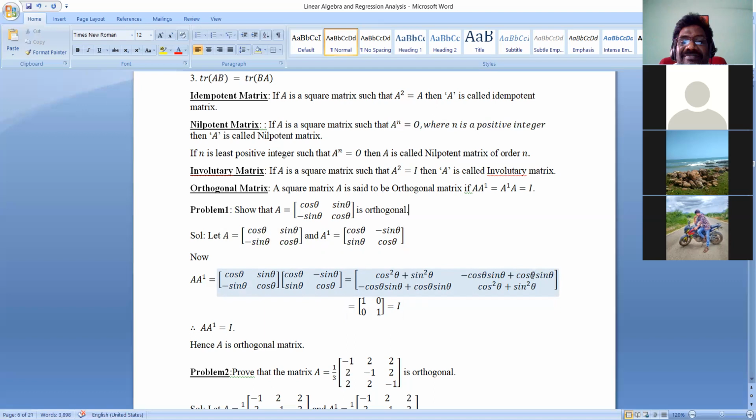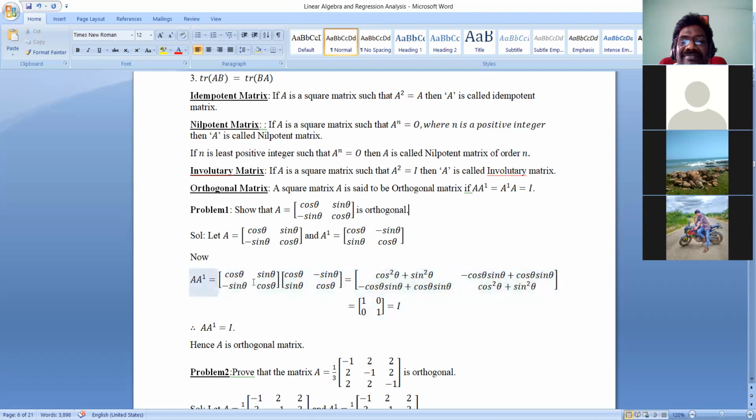In the same way, multiplying the second row of the first matrix with the columns of the second matrix: minus sin theta into cos theta plus cos theta into sin theta, that is minus cos theta sin theta plus cos theta sin theta. Next, multiplying with the second column, we get minus sin theta into minus sin theta, sin square theta, plus cos theta into cos theta, cos square theta.